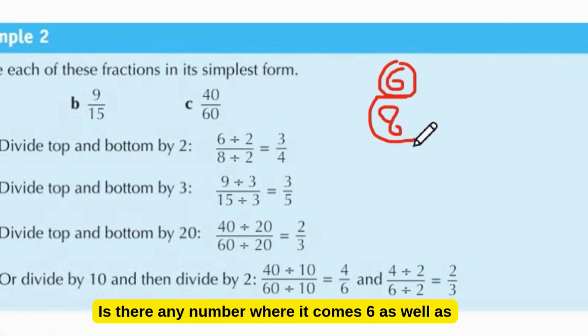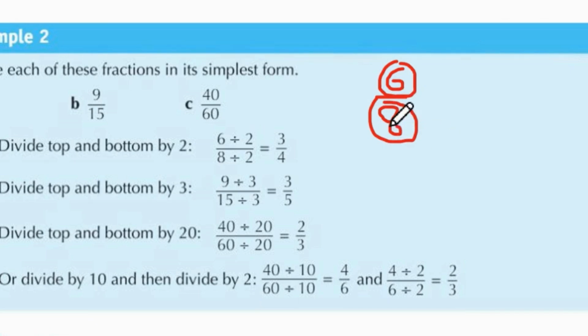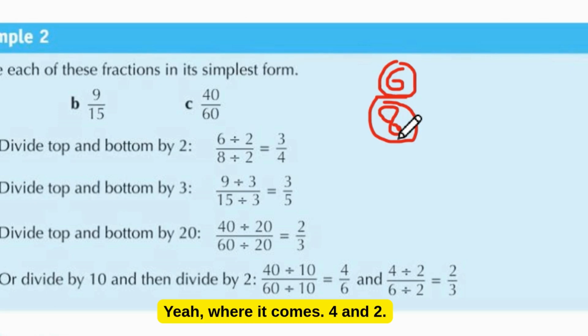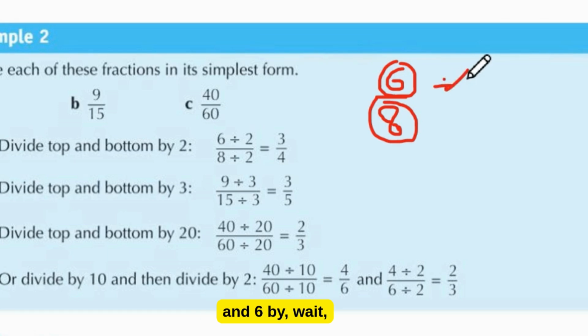Is there any number where 6 as well as 8 come, except 1? Yeah, 4 and 2. Very good. So if we divide 6 by 4 and 8 by 4, can we do it?